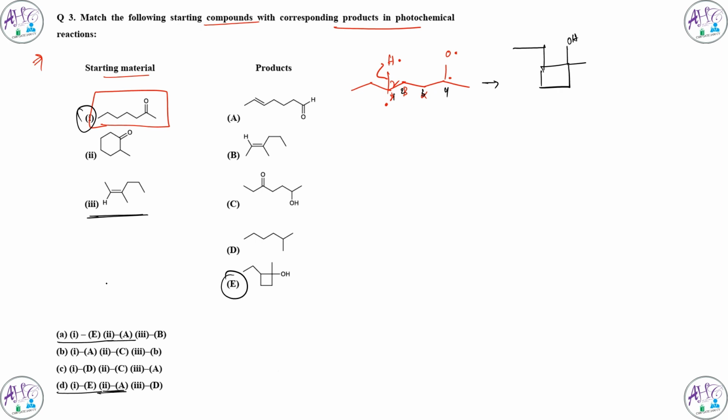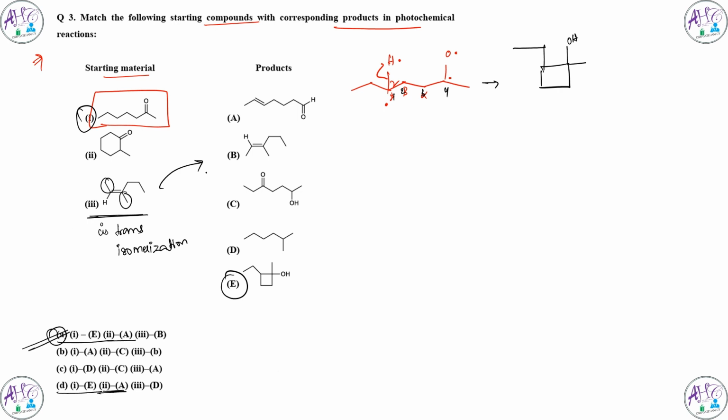They have given a group like this. If you really know, you can clearly say this is your cis trans isomerization. So this is going to be your cis trans isomerization reaction. So what happens? The groups that are in trans will be in cis. So your option B will be the answer. So 3 is going to be B.